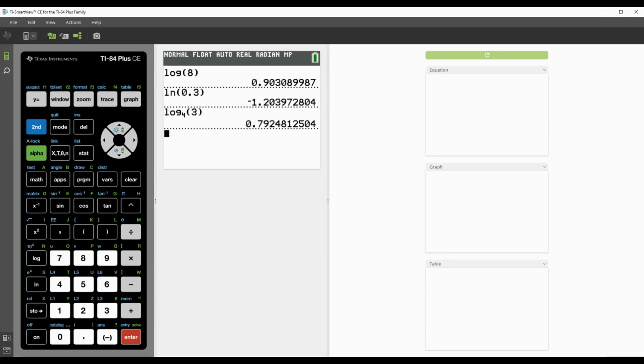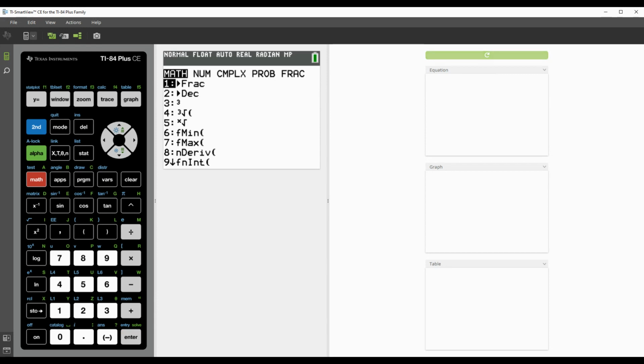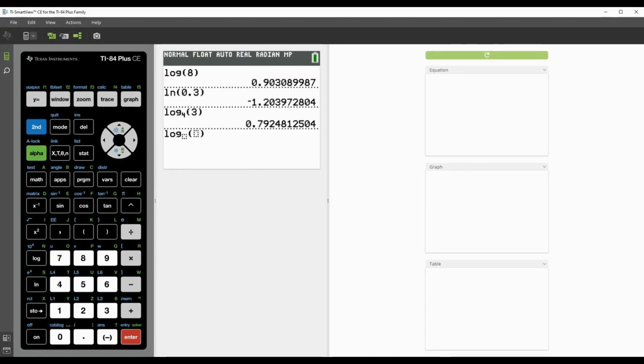Last one, Math. Now as a little shortcut, instead of scrolling all the way down, you can go up, and then it's only 2 away. And log base 7 of 29. I'm not actually going to hit enter. I've shown you 3 just to show me that you did 1 on your own. Go ahead and fill that in on your notes.